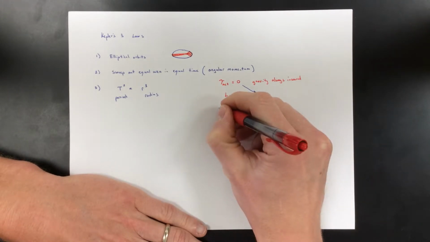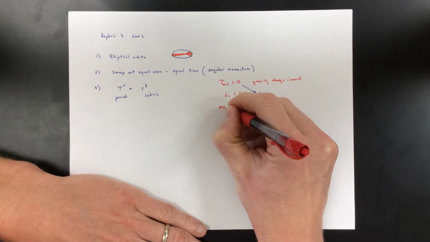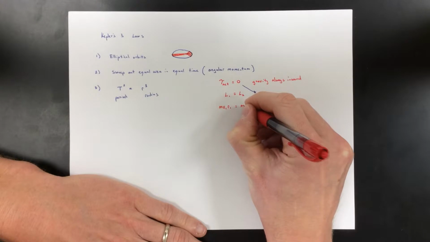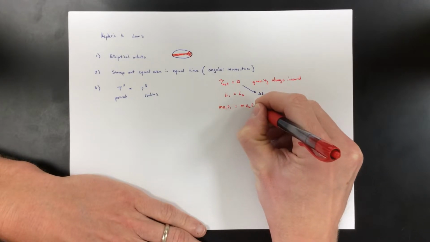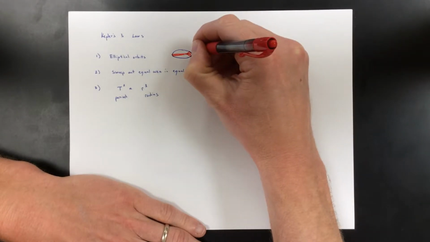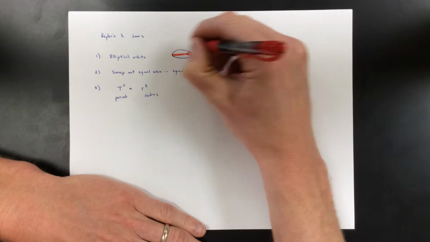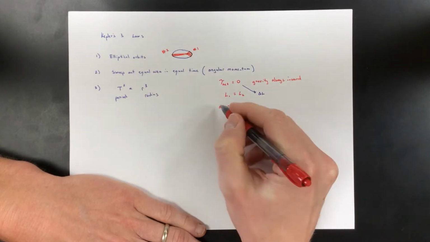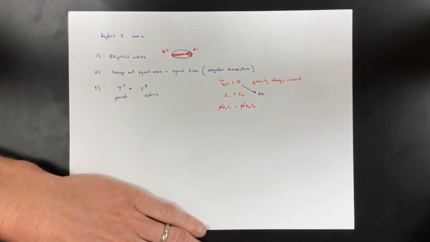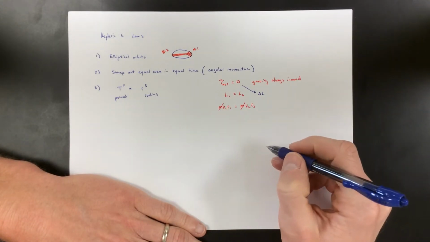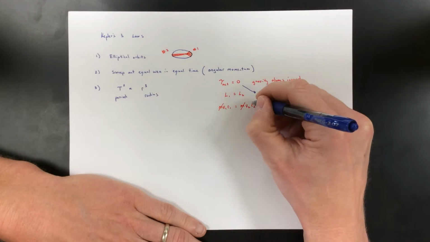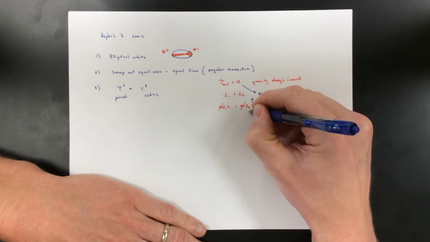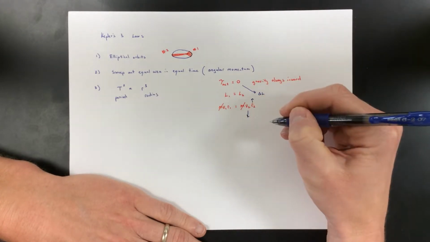And so that would mean that m v1 r1 must equal m v2 r2. When it's over here in the number 1 position versus the number 2 position, these quantities have to be the same. The mass doesn't matter. So what does this say? When you're further away, you're moving slower.